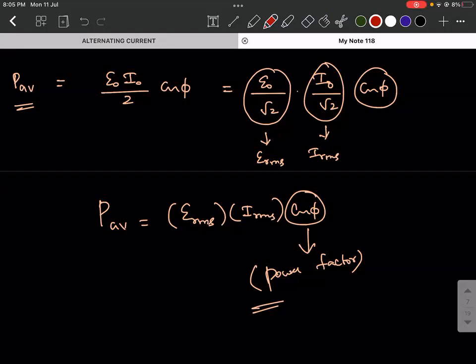So how will this help us to understand whether the circuit is... There is a lengthy derivation. I suggest you guys practice that. This is how it works. Power factor also has a significance. We will explain it in the next class.